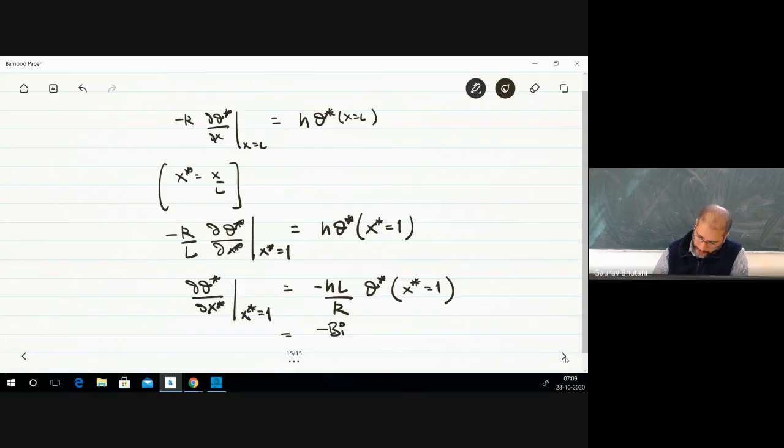So hL by k is the Biot number, and then we have this at x star equal to 1.